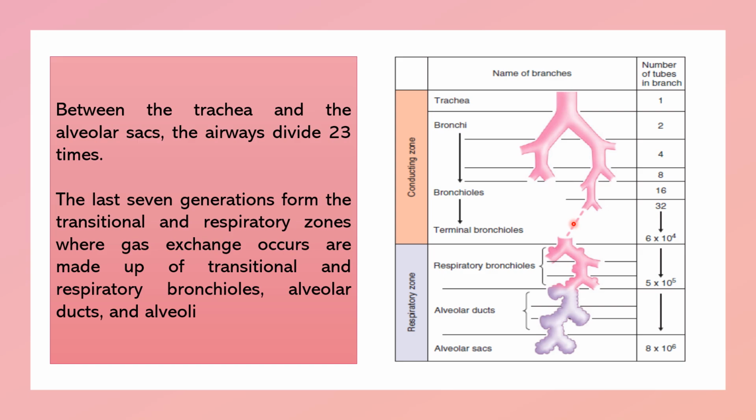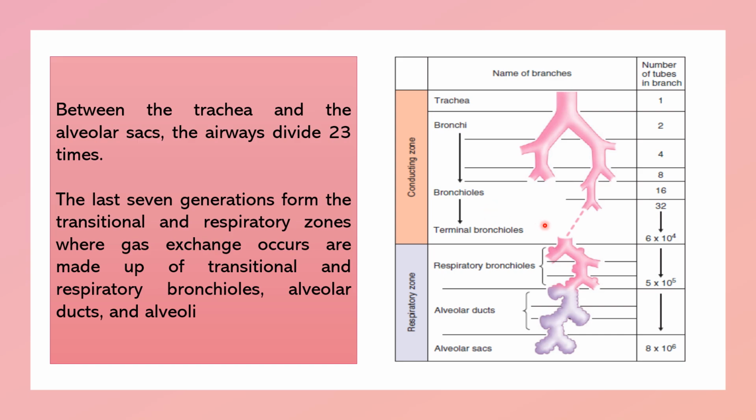It merely acts as a conduit or passage of the air. So we can divide these respiratory areas into two parts. One is the conducting zone, where there will be only passage of air and no exchange of gases. That is the first 16 generations up to the terminal bronchiole.